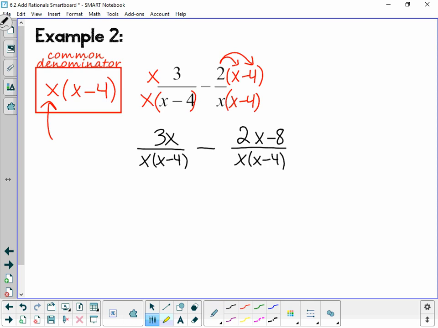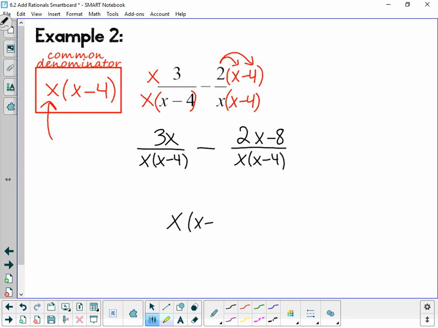Okay, so we've put our two fractions into equivalent forms. So now that they're the same, we haven't really changed the fractions, we've just written them in two different forms so they have a common denominator. We can now combine them.